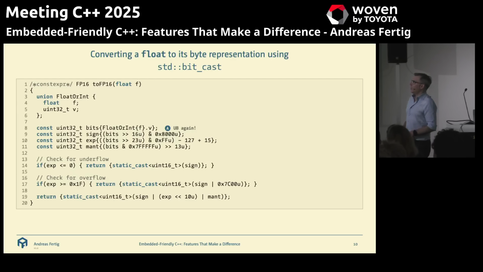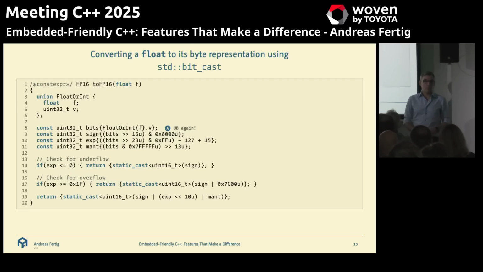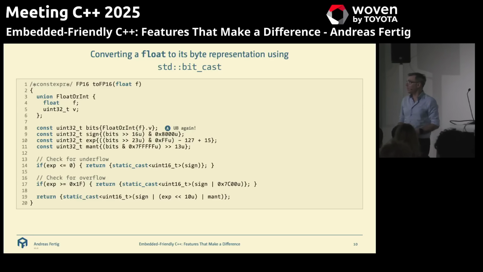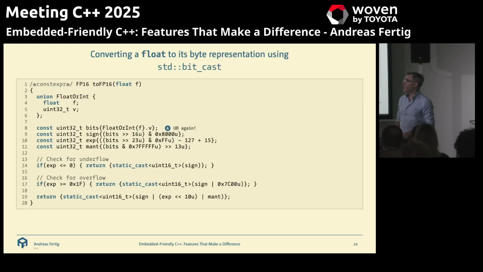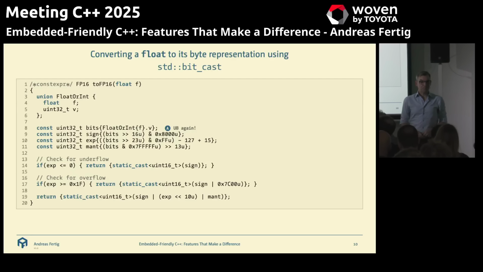We create an object of this union by providing the float, and then we read out the integer. Because the two overlap, if you write the one and read out the other, we get the underlying representation. That's sweet, nice, and easy, and I'm not even sure 100% whether this is legal in C. I'm on the fence about saying it's illegal in C as well, but it's for sure not legal in C++. So it's undefined behavior.